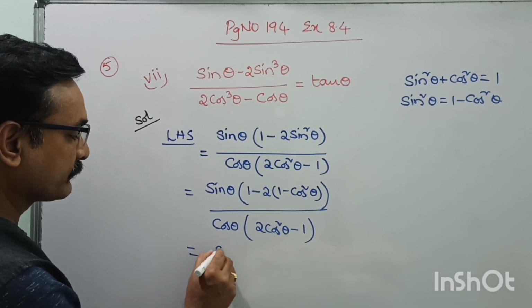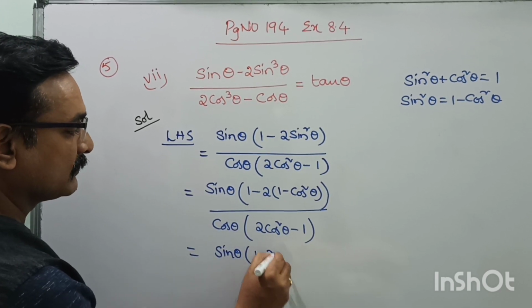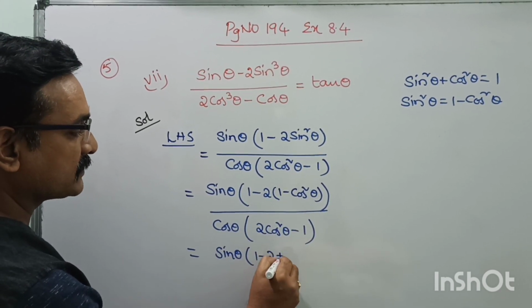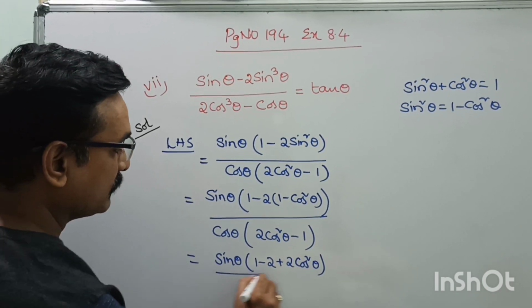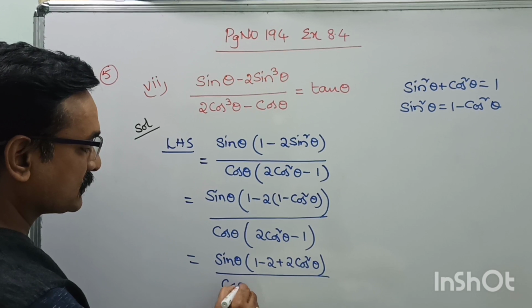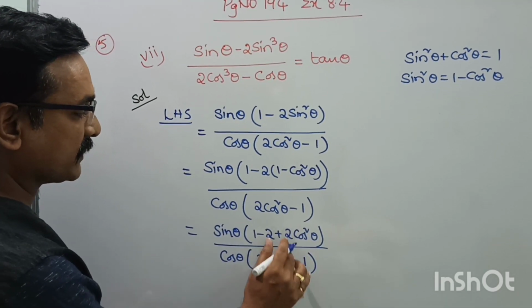Now simplify: sin theta into (2 minus 2, minus into minus plus 2 cos square theta) by cos theta into (2 cos square theta minus 1).